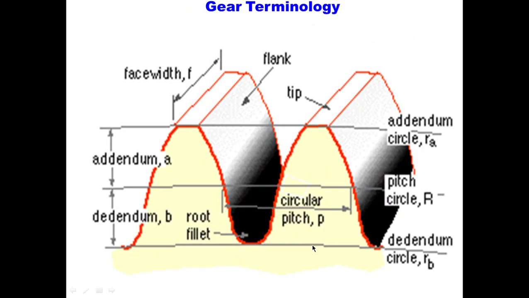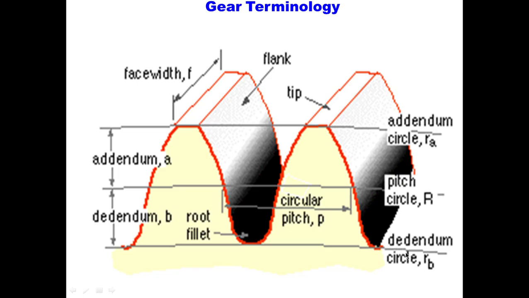Now gear terminology. This is known as the face width. This is the flank, this is the tip, this is the addendum, this is the dedendum, this is the root fillet, this is the circular pitch that we are discussing about.